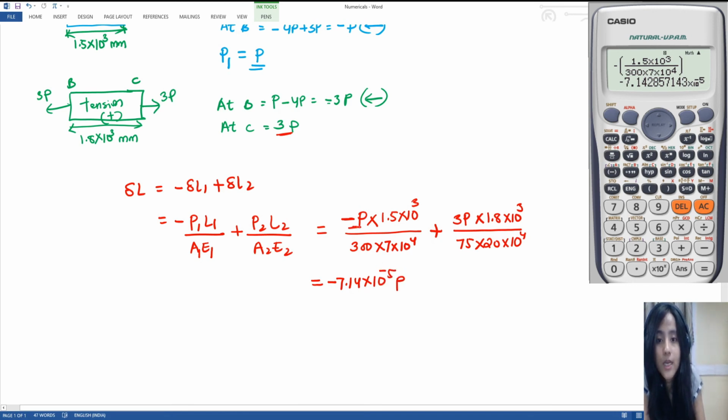Now this P I still need to take it on. This P will come as it is, P plus, now the second one, 3 into 3, I have 3P, right?